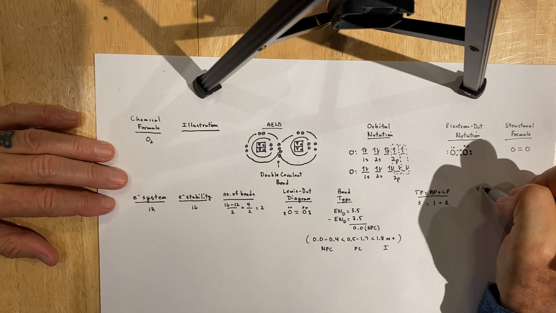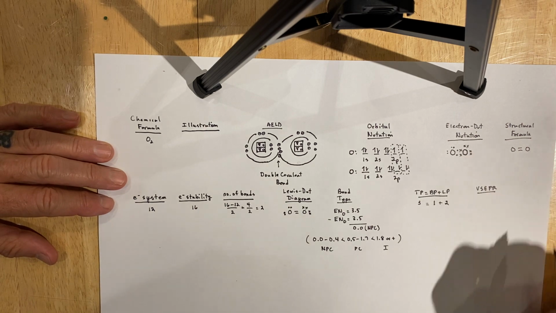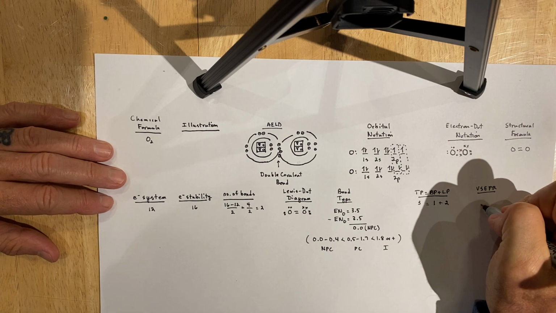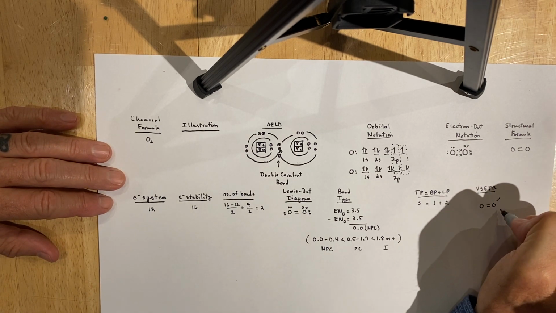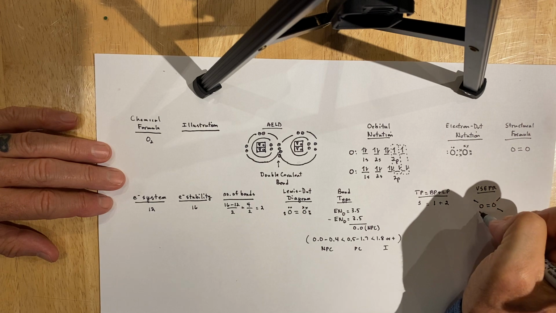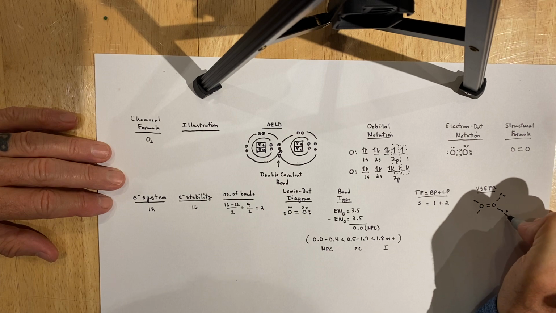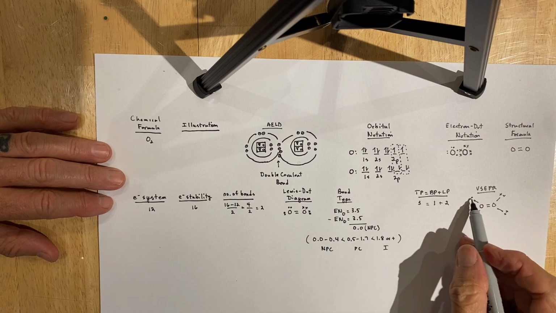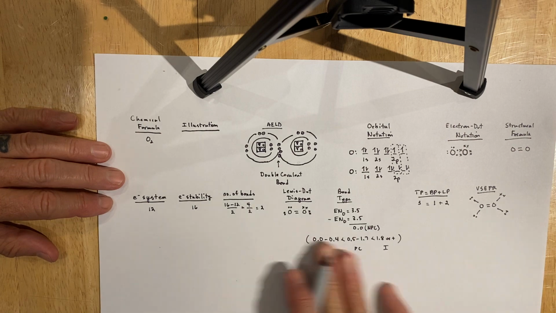You have to memorize that, because that's what theory says. So theory says when you draw your valence shell electron pair repulsion theory diagram, that the arrangement of those electron pairs is going to be in a trigonal planar arrangement, something like this, where you have 2 oxygens bonded together and the lone pairs are held at bond angles of 120 degrees to create a trigonal planar arrangement where all three of those electron pairs, whether it's bonded or lone, are in the same plane.